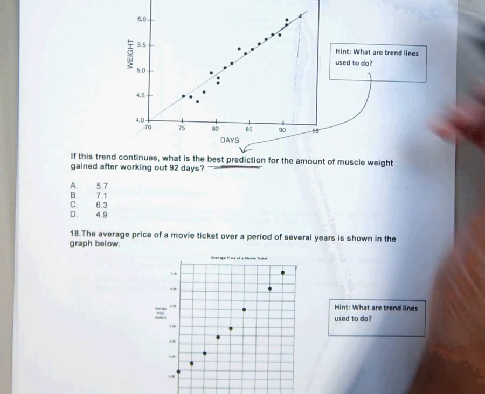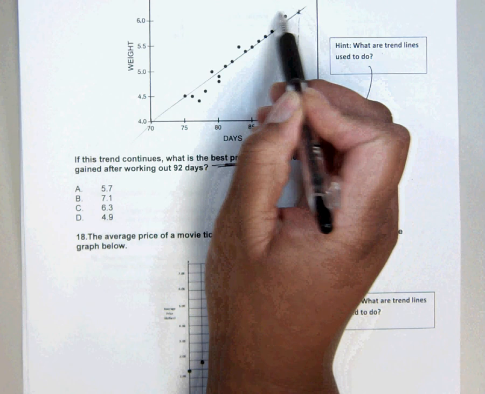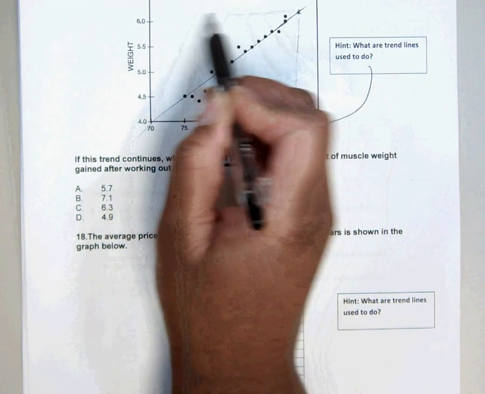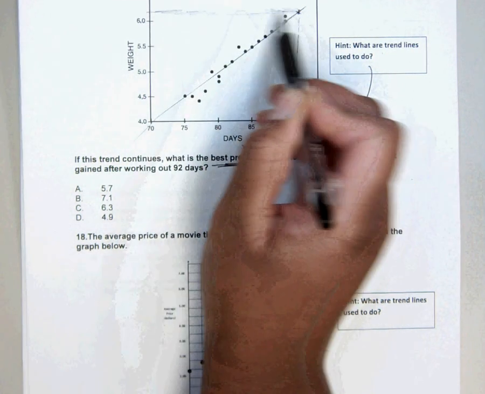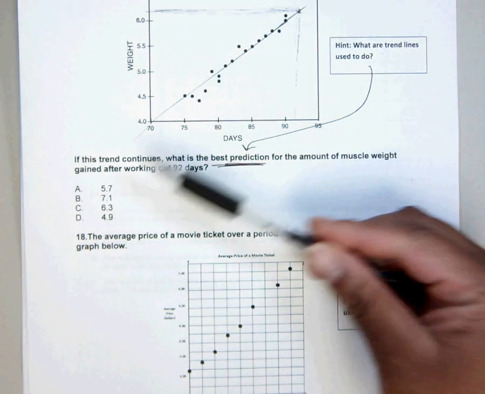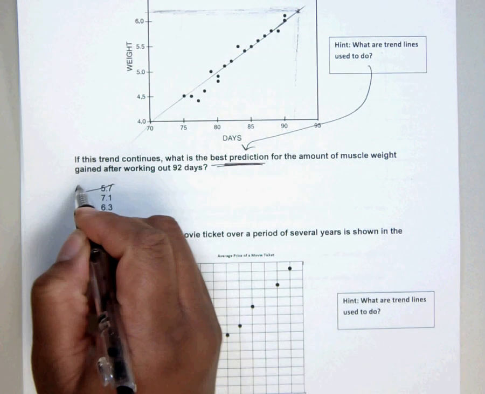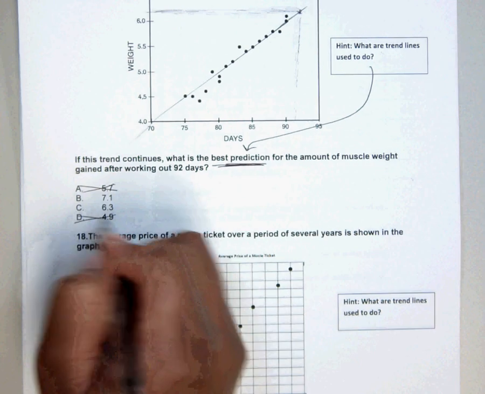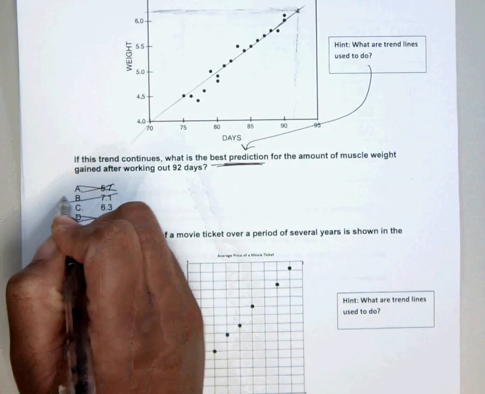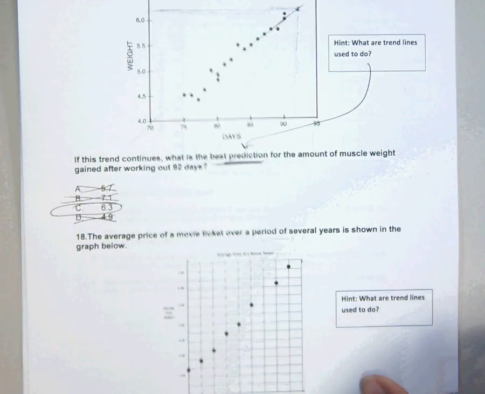And what does that number look like it's going to be? So this is how you use your trend line to predict. And based on the answer choices, it's higher than 5.7. 4.9 is too low. 7.1 is too high. 6.3.